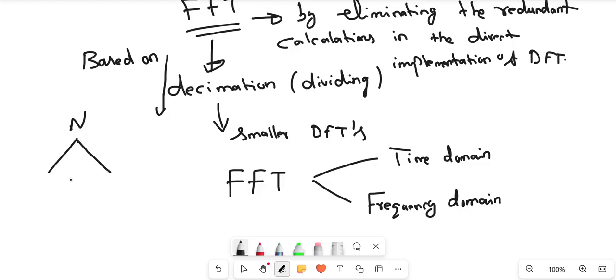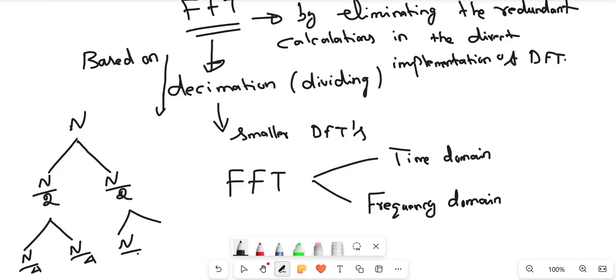The N-point DFT is decimated into 2 N by 2 point DFTs, which are again decomposed into N by 4 point DFTs. For example, if N is equal to 8, 8 by 2 will be 4 and 4.